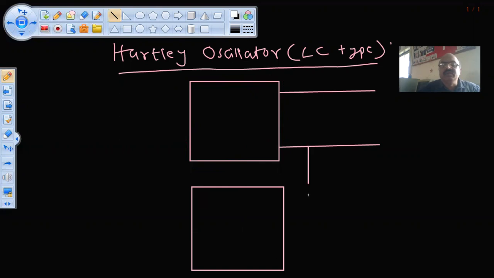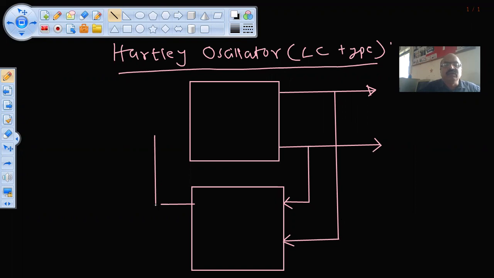This is the input to the feedback network. This is the output of the amplifier or oscillator, you can say, and this is fed back to the input, as we know.